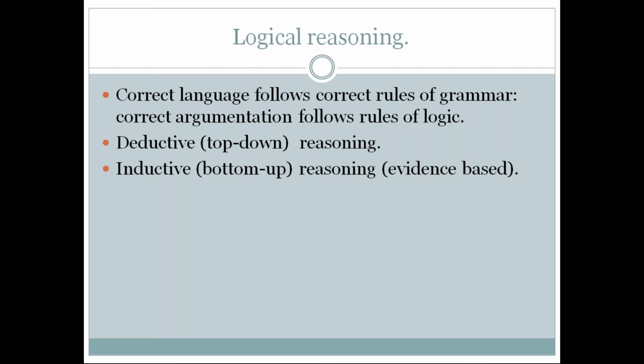But the inductive, we're considering several cases and then make a conclusion about the whole set. Yes, that's right. And what's the difference in the relative validity of arguments based on these two different methods?